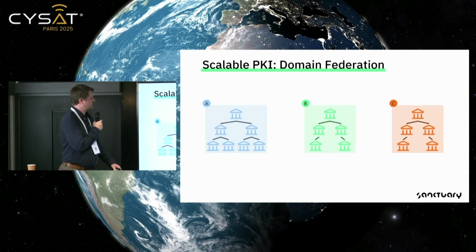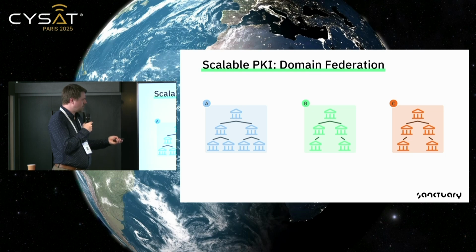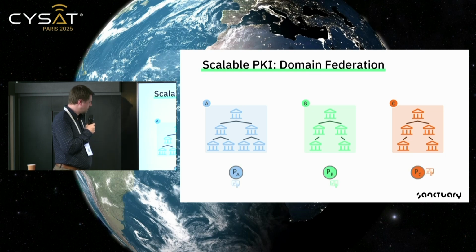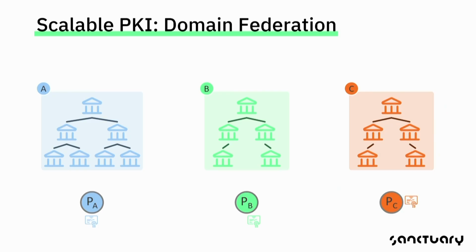Now looking at the solutions, first we look at the second challenge. Here we see these 3 PKIs from domain A, domain B, domain C. Every domain has one principal, but of course could be many.